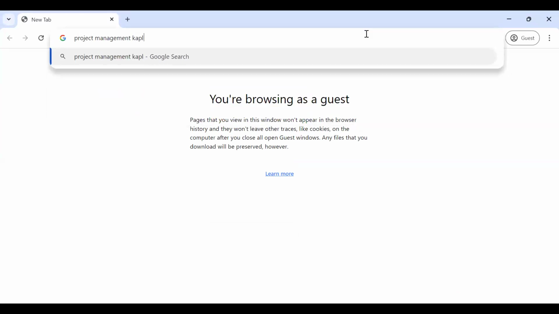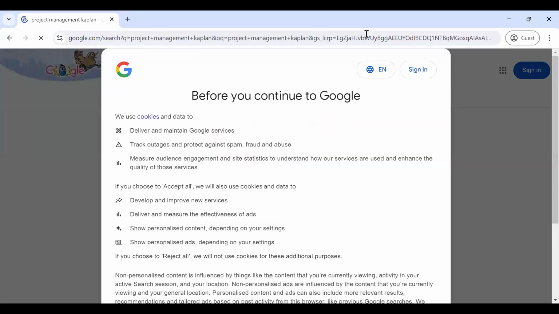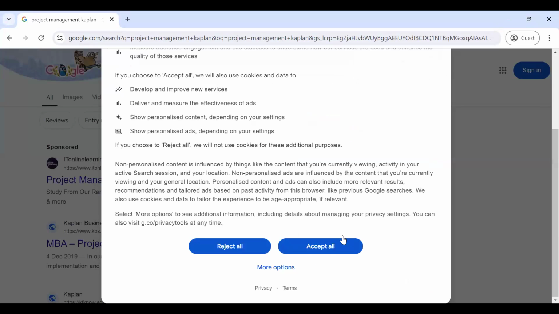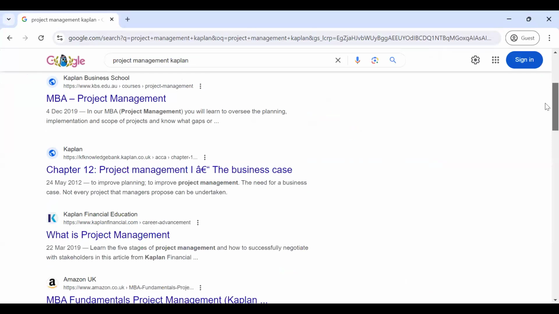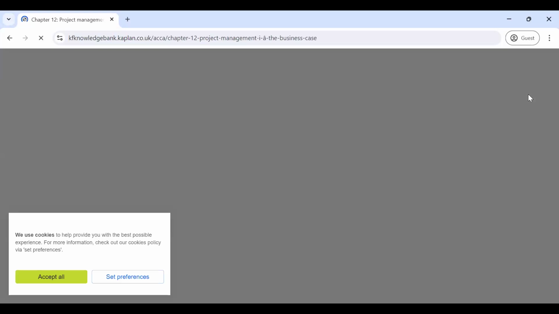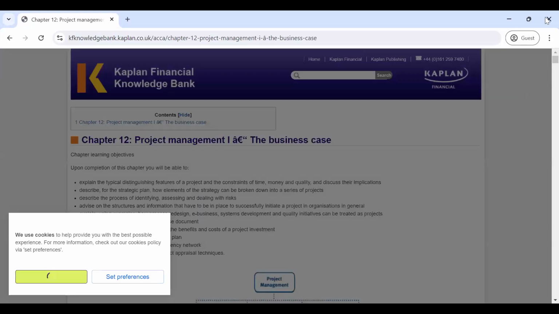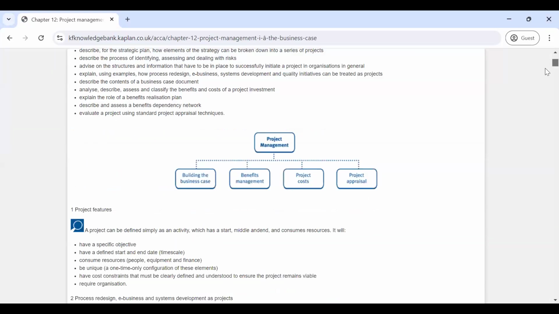And next to that, if you write the word Kaplan, Kaplan is a publisher which published the book, so you can find the chapters of the book. That's quite good too. You can see here it's called Kaplan Knowledge Bank project management. So you can look around at what project management is about.